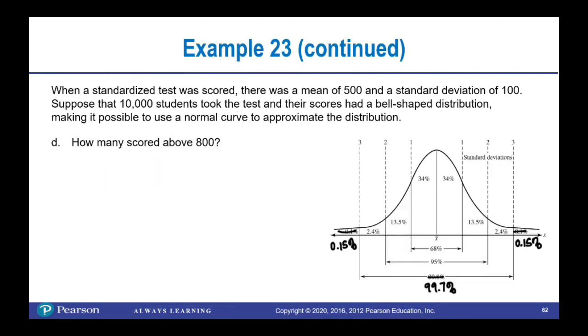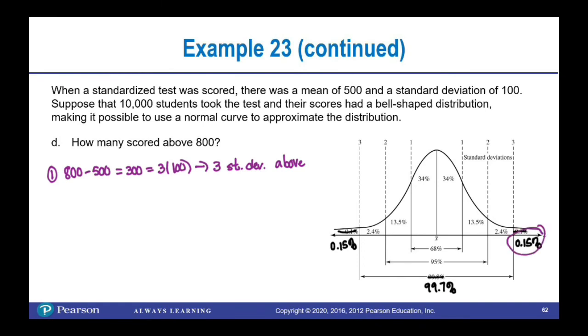Look at part D. On part D, I want to know how many students scored above 800. So again, I need to think about how far from the mean is 800. So I say 800 minus 500 is 300. 300 is 3 times 100, or 3 standard deviations above the mean. So I look at my graph from the previous page, and I'm going to count from my mean x bar in the middle, 1, 2, 3 standard deviations.